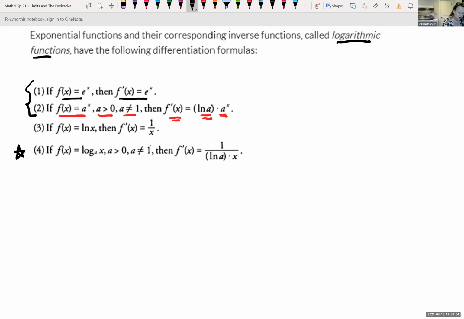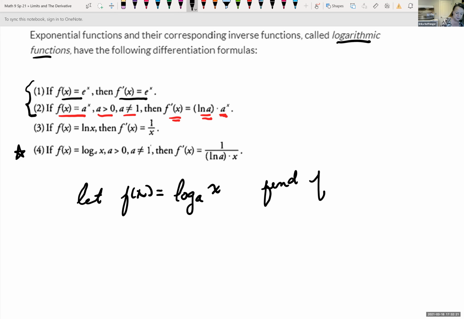Okay, so we're going to let f of x equal our logarithmic function, log base a of x. And we want to find the derivative, f prime of x. Let's go through and rewrite this using the definition of logarithm, what this actually means.